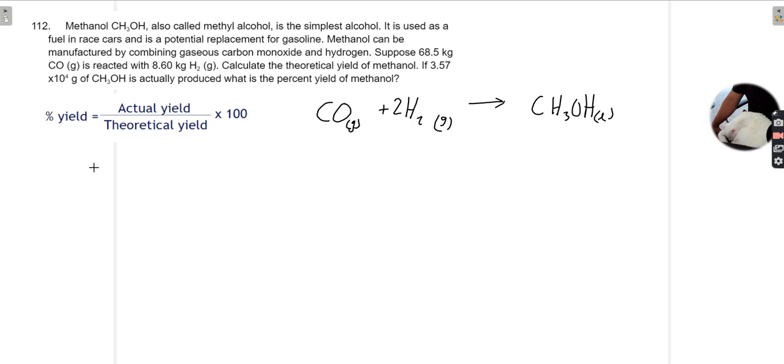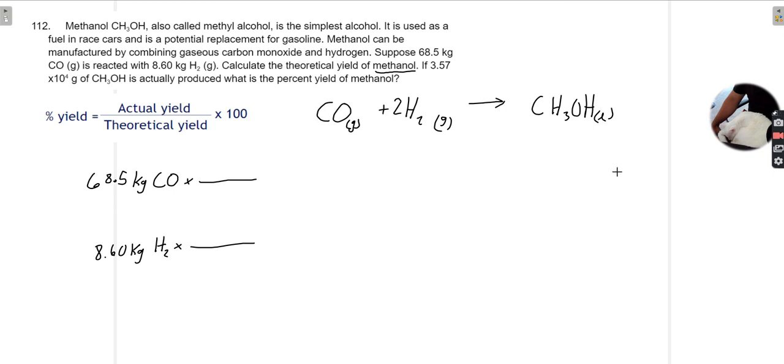Now, it says suppose we have 68.5 kilograms of CO and it is reacted with 8.60 kilograms of H2. So we have a little bit of work to do. They're asking us to calculate the theoretical yield of methanol.